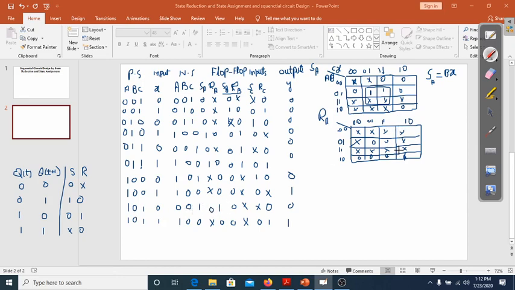To simplify this column, this part will cancel out, so RA is equal to C X complement.